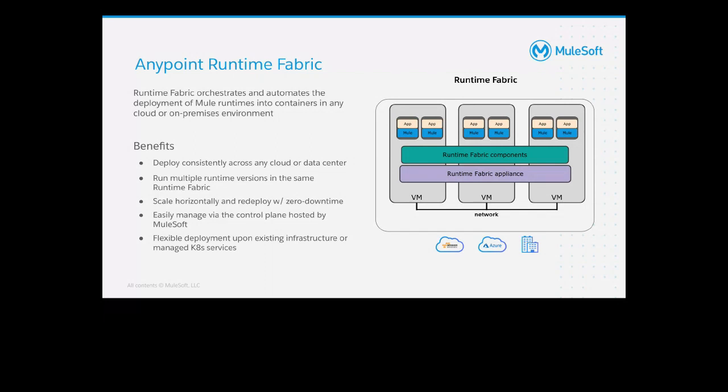Whereas on a standalone runtime, there's only one version. If you want to be able to run 3.9 and 4 next to each other, you would have to have 2 bits of infrastructure. So you need a Mule 3.9 server and a separate Mule 4 server.